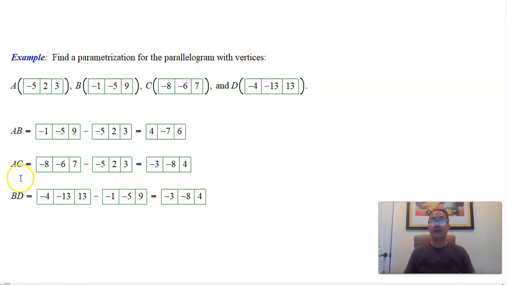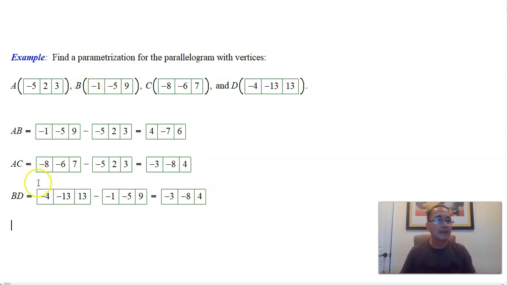Ah, the vector from B to D is the same as the vector from A to C. So yeah, to be a parallelogram, sides have to be parallel to each other and of the same length. Of course, if the 2 pairs of sides are parallel to each other, then they are also forced automatically to have the same length.